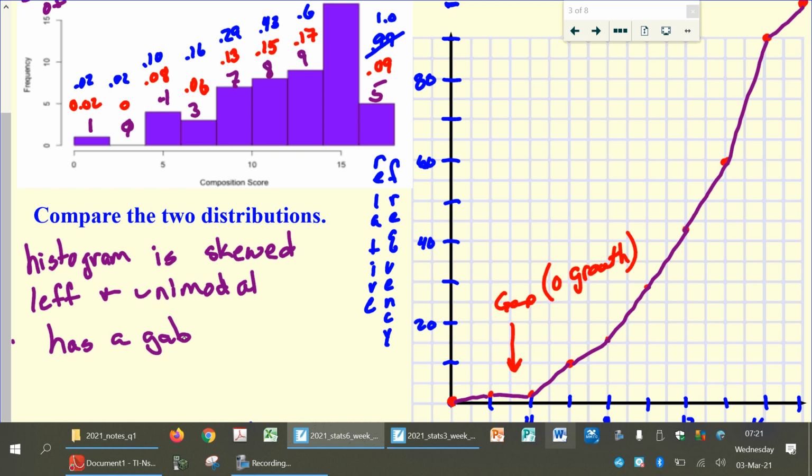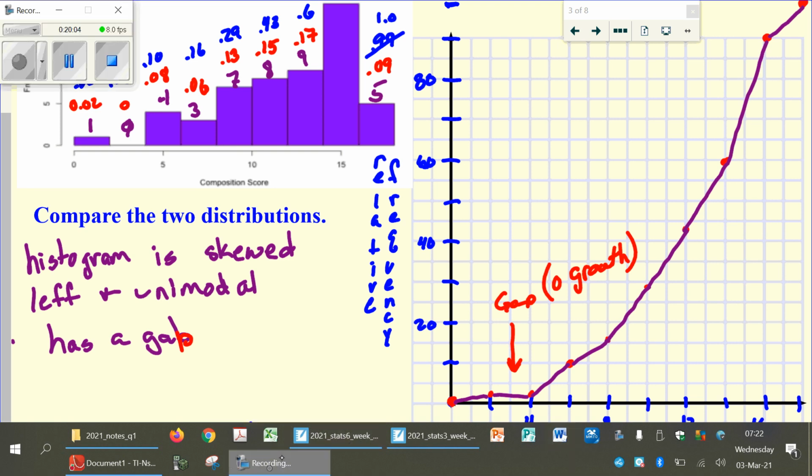So the gap is in the frequency plot because of the zero growth, the flat spot. And we can see that those are the two things. So we can find the different parts of the histogram in the relative frequency graph, if we're willing to do a little detective work.